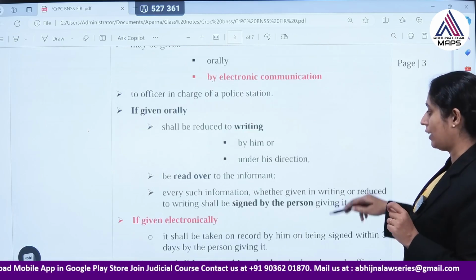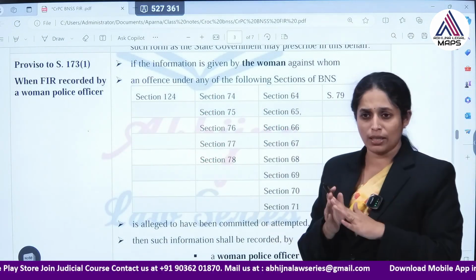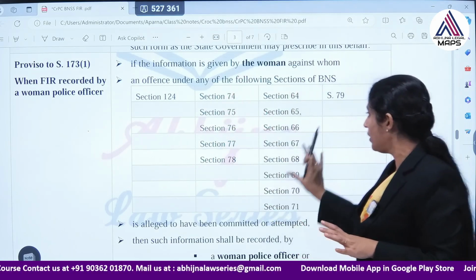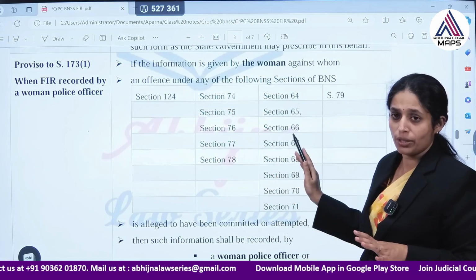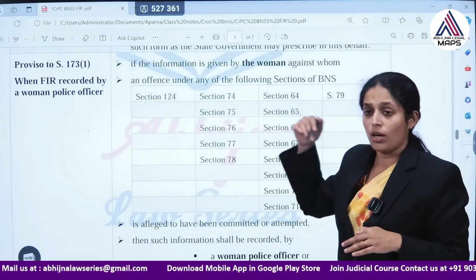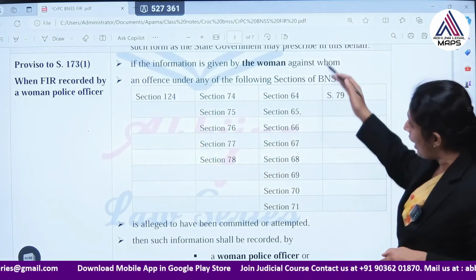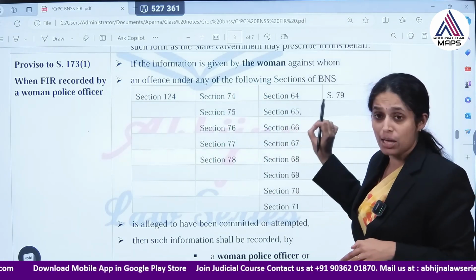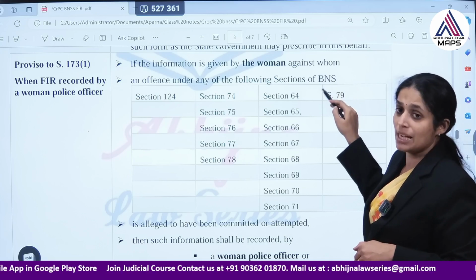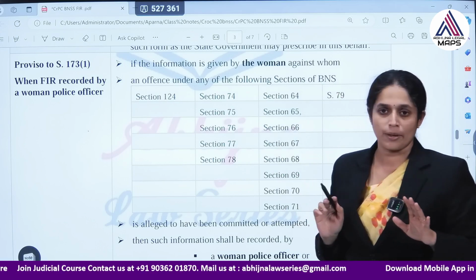So, according to that, some sections have been clubbed with some minor changes. Otherwise, these are all sections relating to rape, stalking, voyeurism, acid attack and everything. Okay, everything is the same, only the section numbers have been changed because BNS has replaced IPC. That is why the corresponding sections have replaced the older sections.